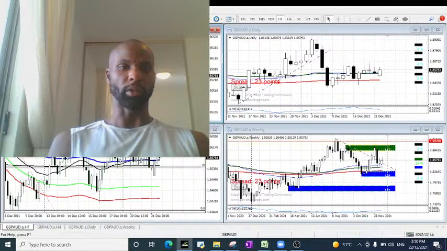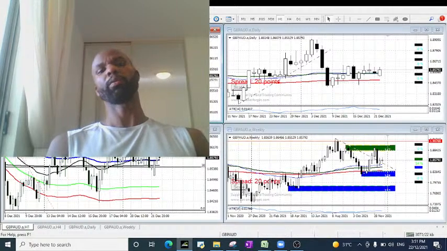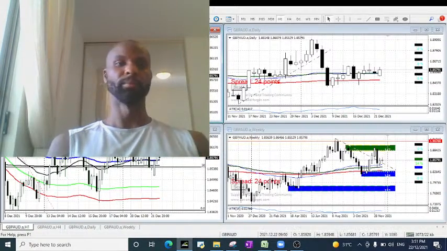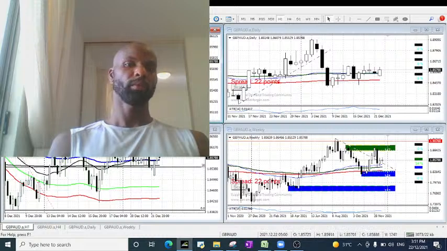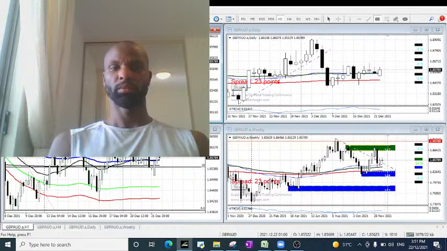Pound Australian dollar. Okay, we might have a potential trade setting up here. So basically, we are in a range. We hit the top of the range, and we are rejecting. So this is the next target.